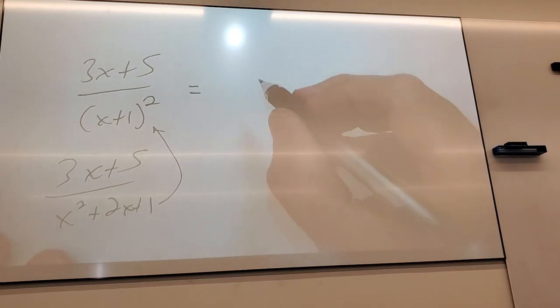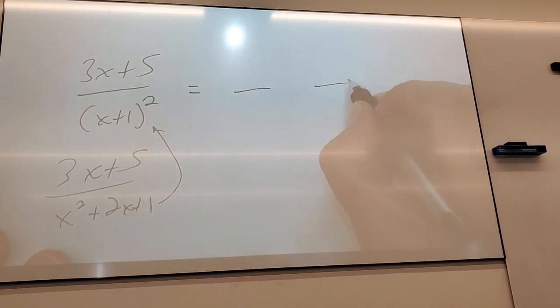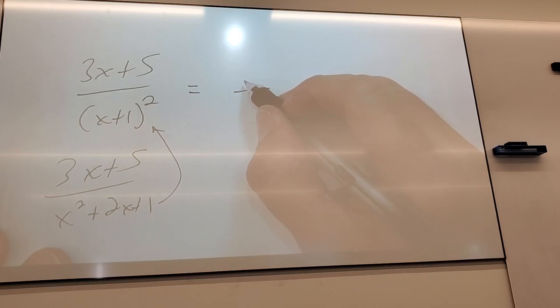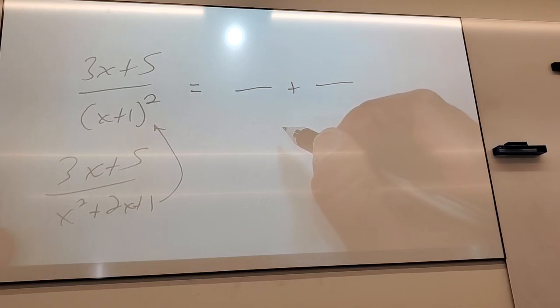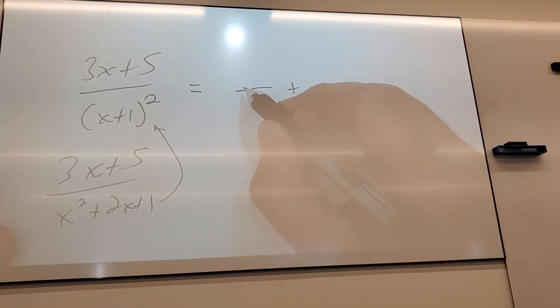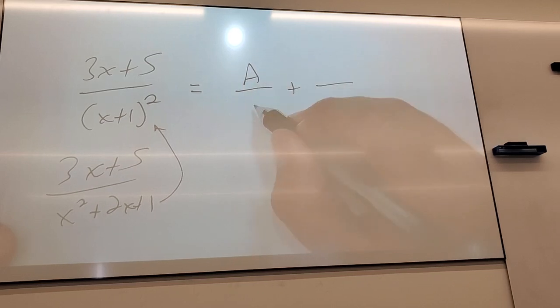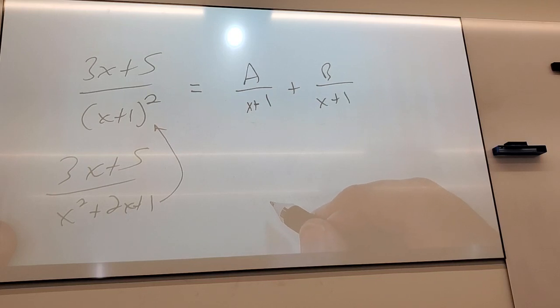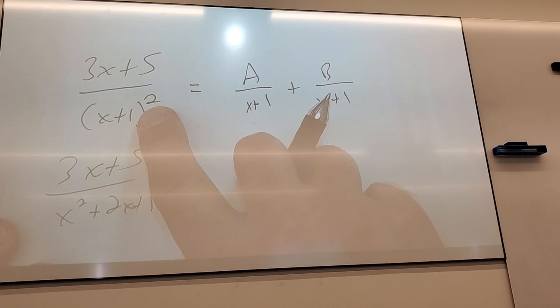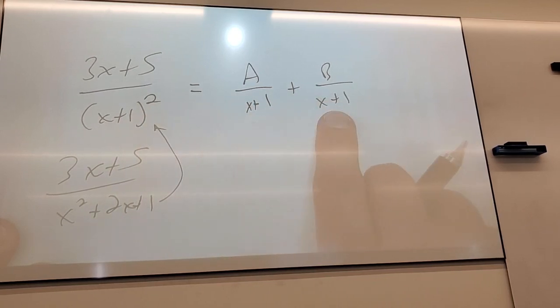Okay. So what are you going to guess the form of the answer is going to be? It's sort of the same as earlier, but not really. So if you guess it's going to be this, can anyone see why this doesn't make sense? Why would the answer have an x plus 1 squared if these already have denominators?